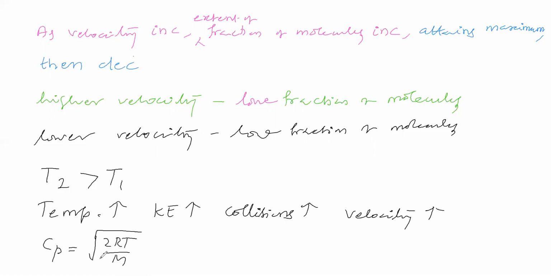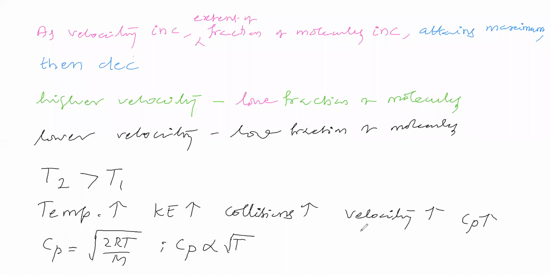R is constant, 2 is constant, so we can say Cp, the most probable velocity, is directly proportional to the square root of temperature. So when temperature increases, most probable velocity increases.